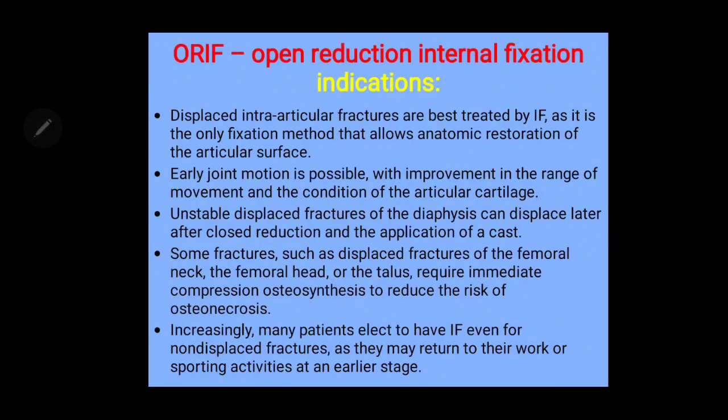Some fractures, such as femoral neck fractures, for example, should be operated on in all cases, because only if you reduce these fractures and fix them with screws, and the same for forearm fractures or calcaneus fractures in many cases, can you achieve proper healing and proper function.